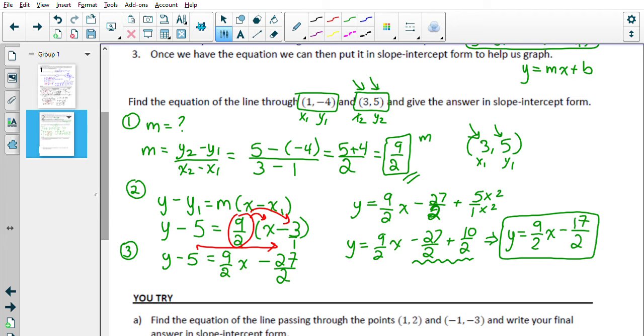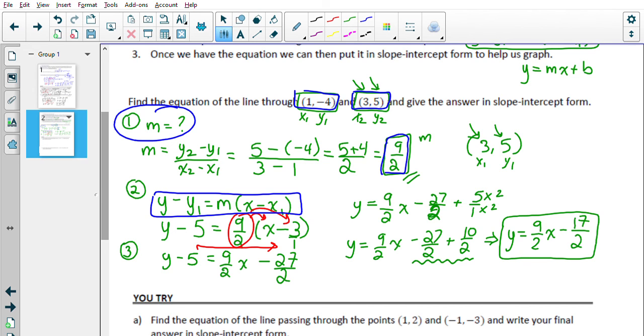So just to review the steps that you're going to do with your 2 questions, you're going to take the 2 points given and calculate slope. So first goal, get m: y2 minus y1 over x2 minus x1. Once you have the slope, you pick either one of those 2 points and plug them into y minus y1 equals m times x minus x1.